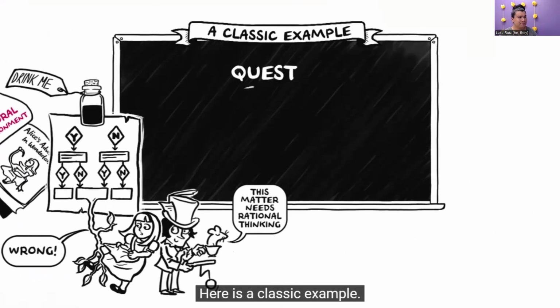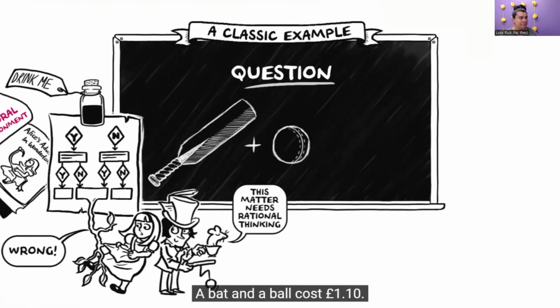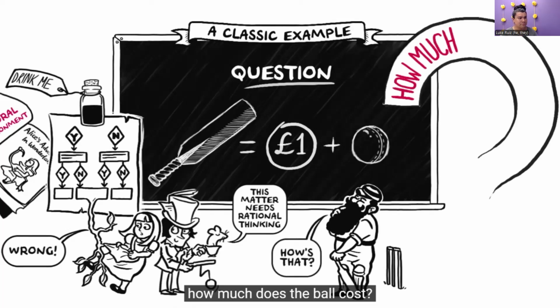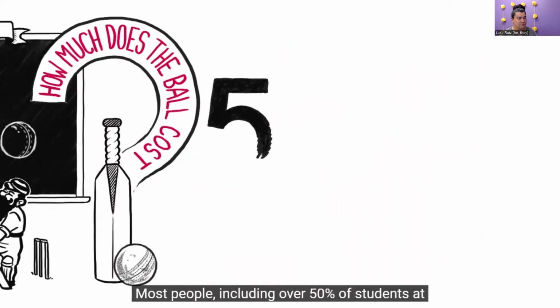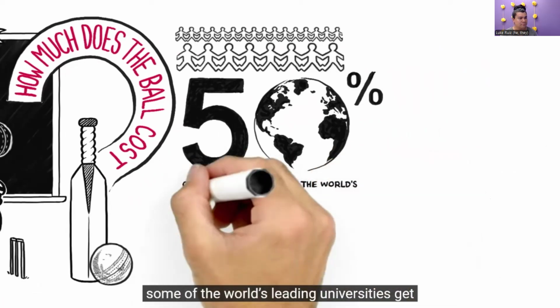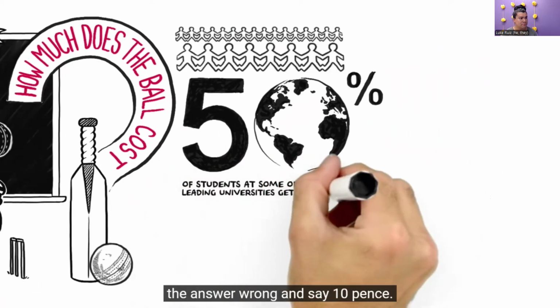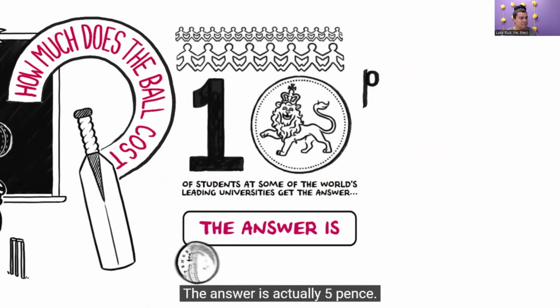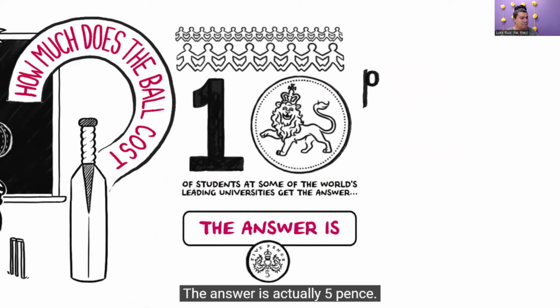Here's a classic example. A bat and a ball cost £1.10. If the bat costs £1 more than the ball, how much does the ball cost? Most people, including over 50% of students at some of the world's leading universities, get the answer wrong and say 10 pence. The answer is actually 5 pence.